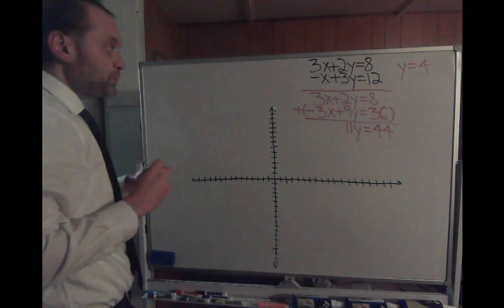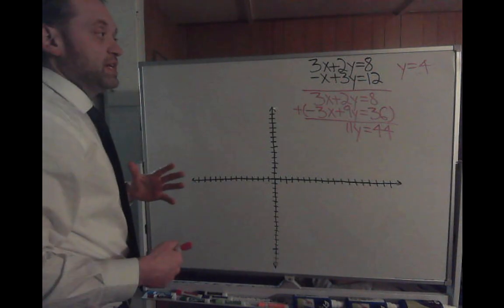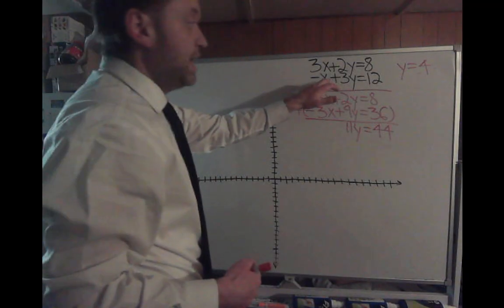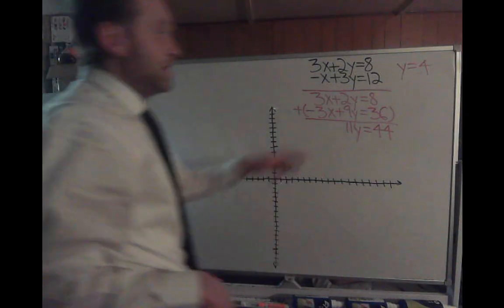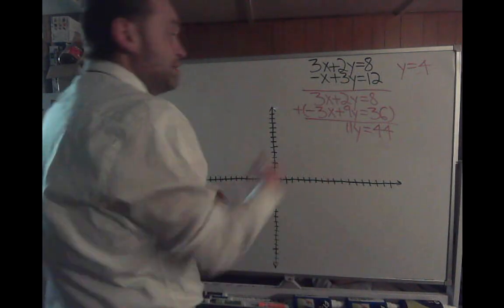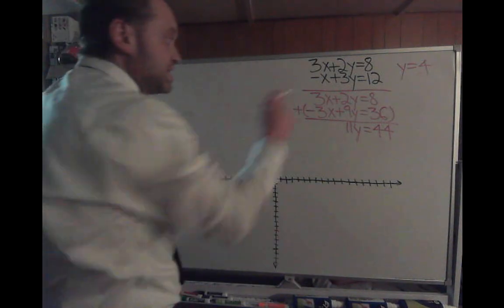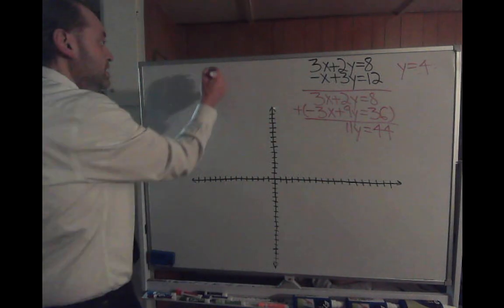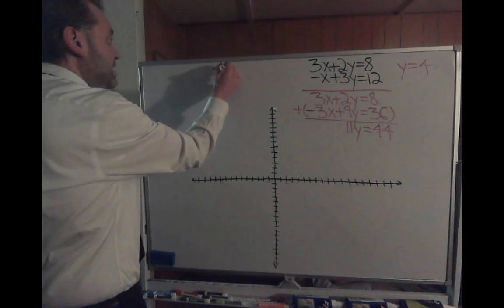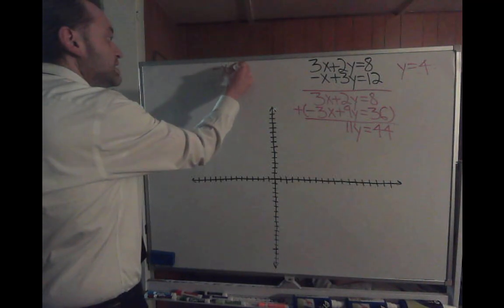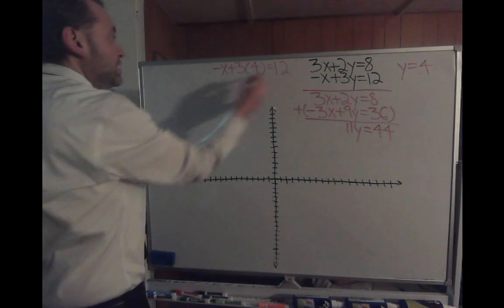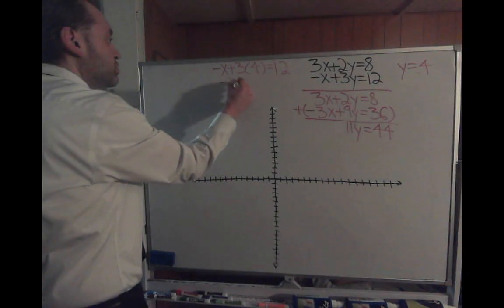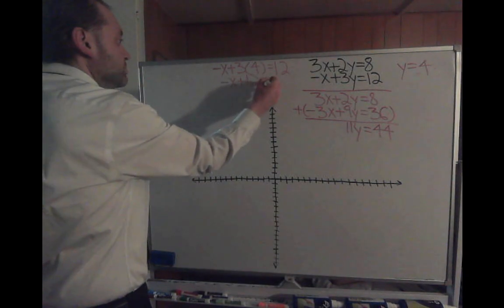Now, to solve this for x, you're going to want to put this y value into any of these two equations. I'm actually going to do the second equation this time. I think it looks easier. So if I do that, I'll get negative x plus 3 times 4 equals 12, giving me negative x plus 12 equals 12.